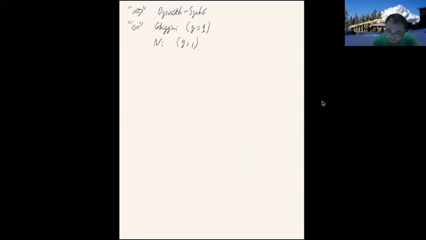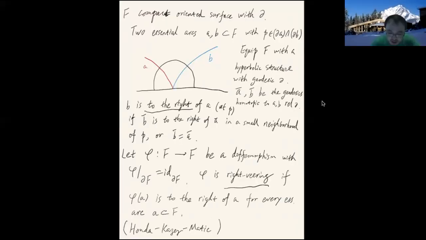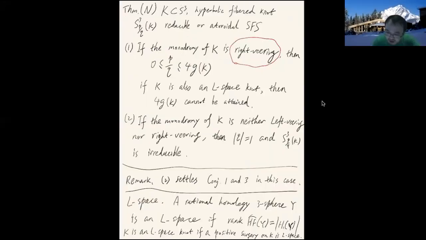So this tells you can use Heegaard Floer homology to say whether a knot is fibered. If you look at this theorem, one important assumption is that the knot is fibered. So this is something you can really use Heegaard Floer homology to tell you.